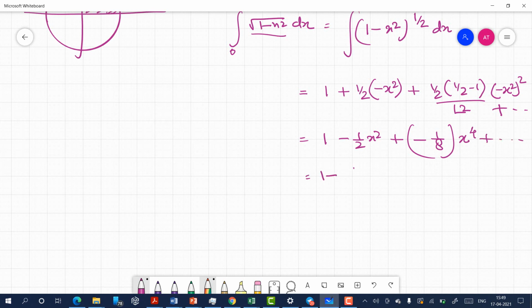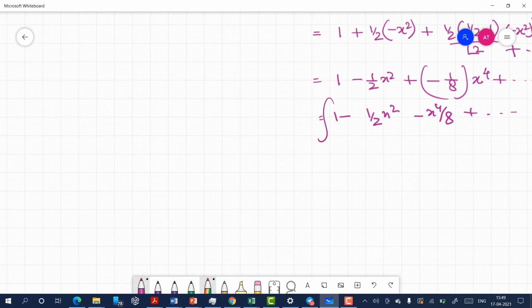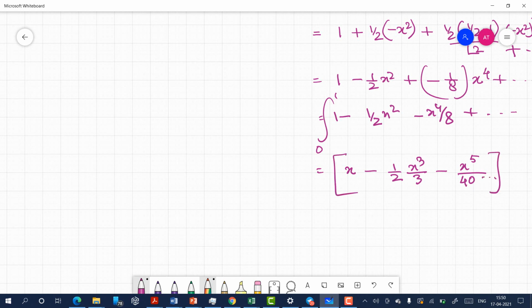So 1 minus half x squared minus x to the power 4 by 8 and so on, and then you simply integrate these from 0 to 1. Integration of this will be x, this will be half into x to the power 3 divided by 3 minus x to the power 5 divided by 5 into 8, 40 and so on, and you just have to plug the value of upper limit and lower limit and you will get the value of pi, right?